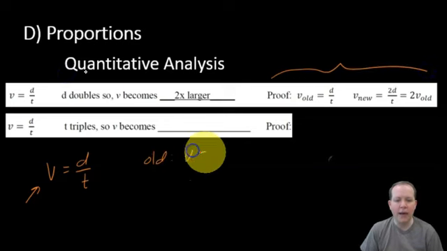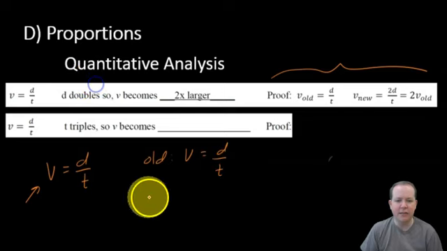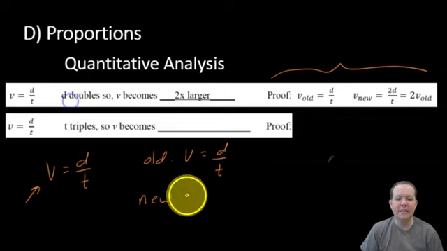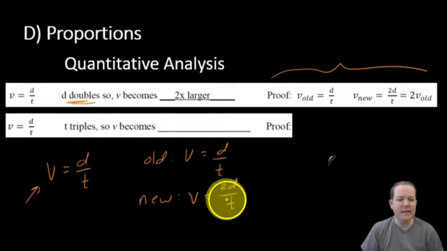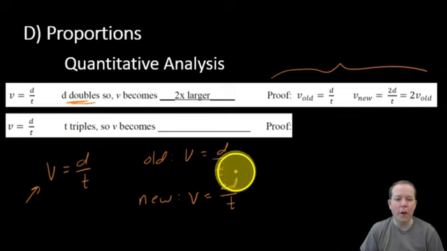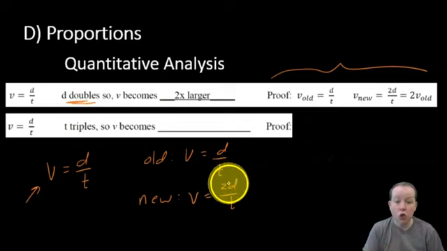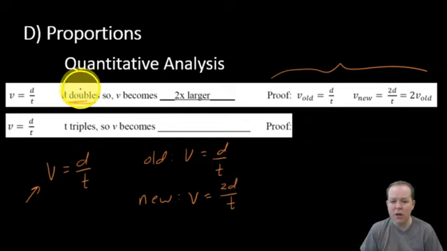The original equation is v equals d over t. This is a question asking me to change my equation. I want the distance to double. See what I did here? I just rewrote the equation and plugged in 2 times the distance. Why 2? Because it's asking me to double it. Doubling means I do it 2 times.